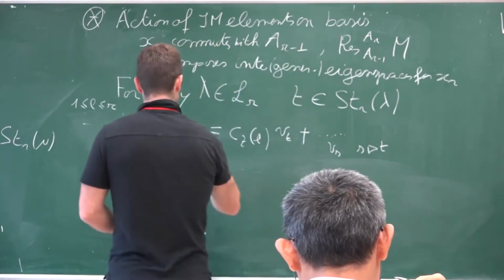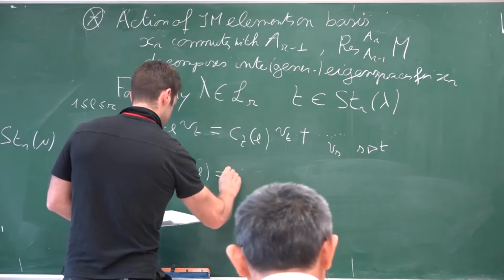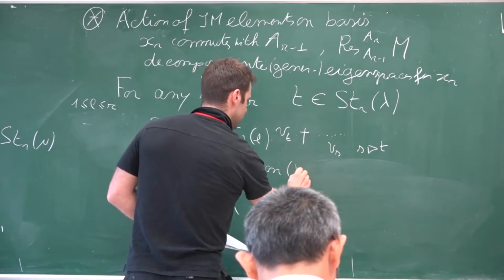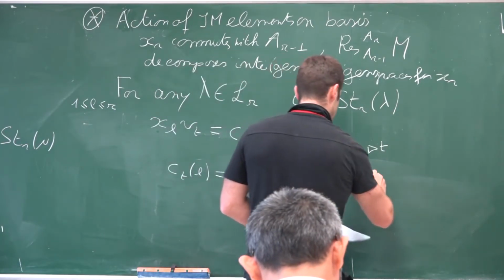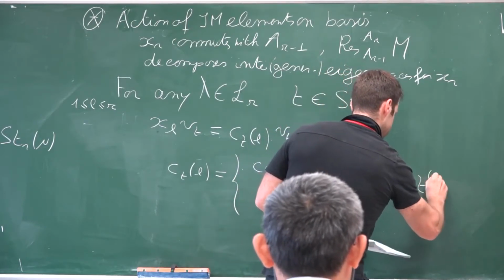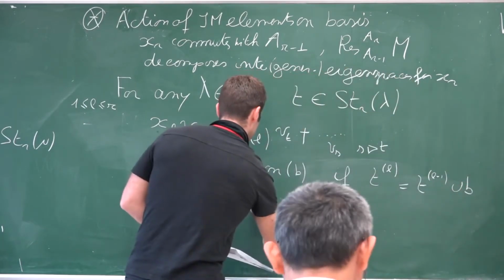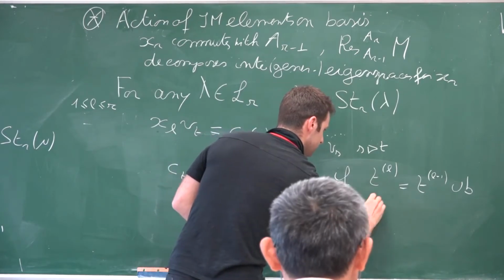And that constant is given by the following. It is the content of some box, if that is the box that we add in the L-th step. Or it is the content of a box plus 1 if we remove a box.